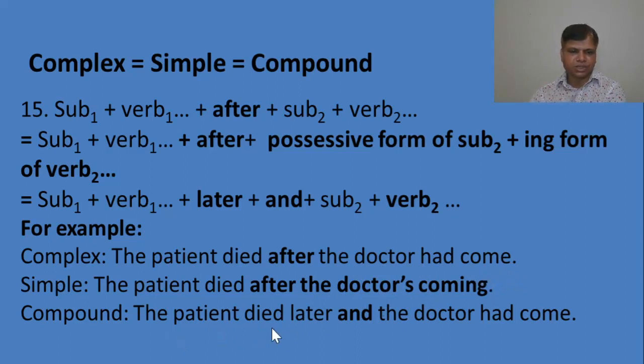And the compound sentence will be to add later at the end of the independent clause. Here the patient died is an independent clause, and then we have to use later, and then two clauses will be joined by and, a coordinating conjunction, and then it will be a compound sentence.